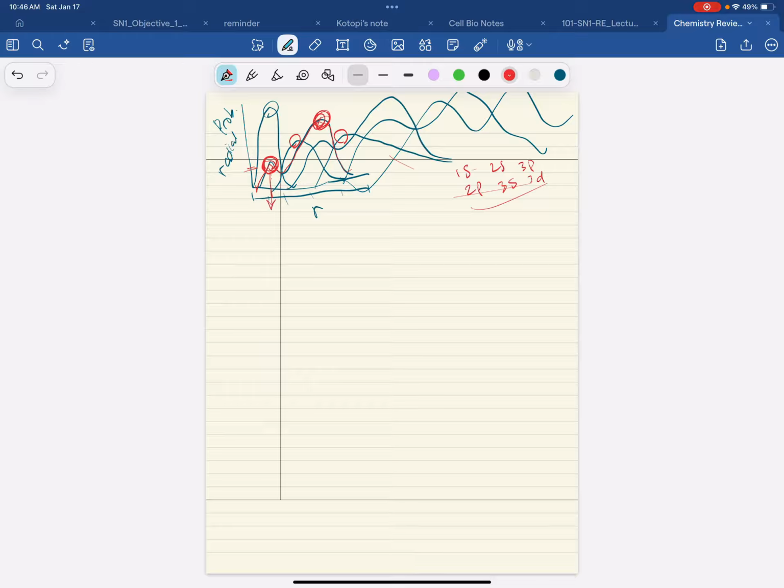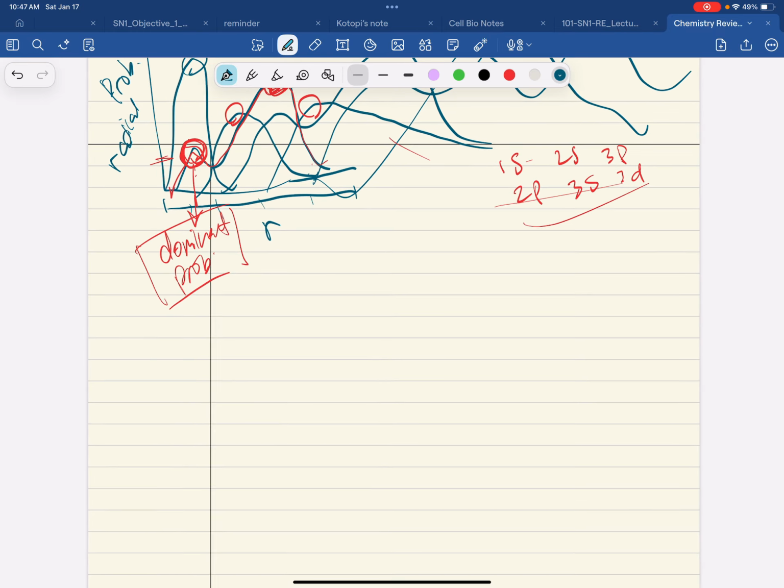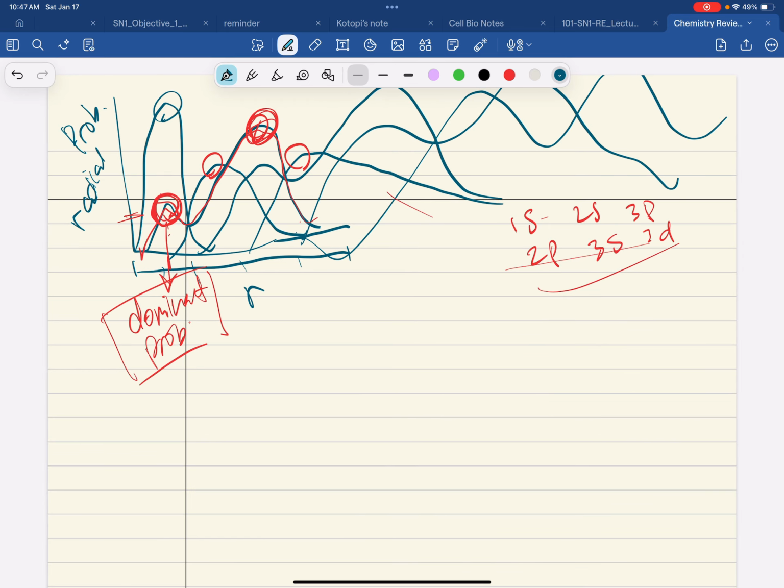And for some reason, there is a dominant probability that this one will be the position of, let's say, the 2p orbital. There are many theories and reasons for why the electron will be positioned in one way and not the other. Some are not obvious, because it would usually look like a certain position but turns out to be another.